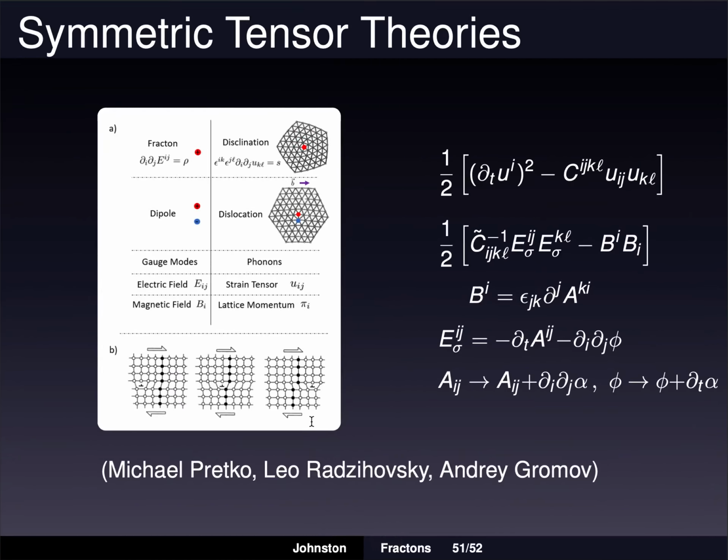The fractonic theories have also been related to symmetric tensor theories, and the archetypal symmetric tensor theory, apart from gravity, is elasticity. And it's been shown that there's the explicit duality between two-dimensional elasticity and fractonic theories in two dimensions, a sort of U1 continuum version of the fracton theory in two dimensions. The people involved in this are shown at the bottom here.